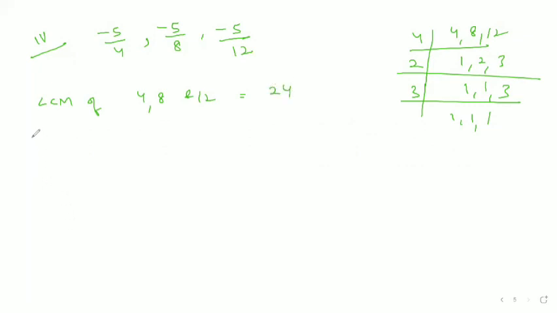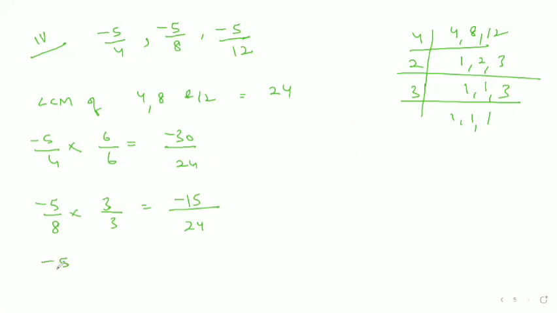Now one by one equate the denominators. Minus 30 by 24. Second, multiply by 3 by 3, minus 15 by 24. And by 2 by 2, that is minus 10 by 24.